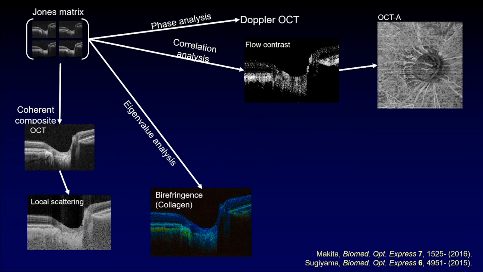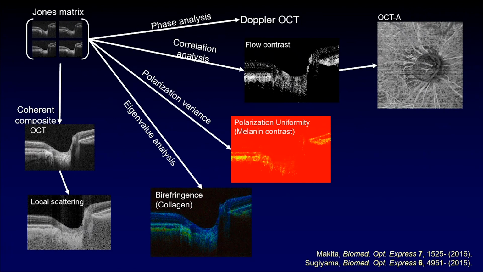And especially for the eye, what we are interested in is the nerve fiber and the collagen. Okay, but in any way, by using this trick, we can have a kind of molecular specificity. Still weak, but molecular specificity.